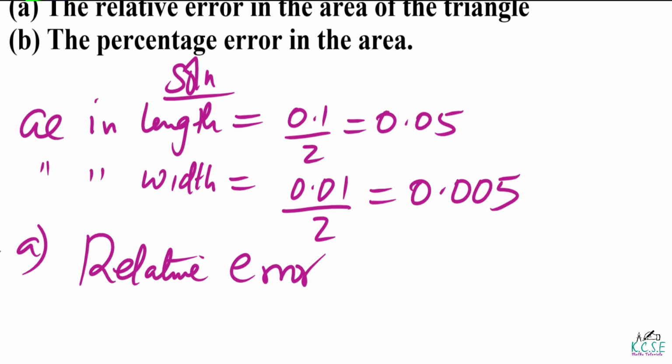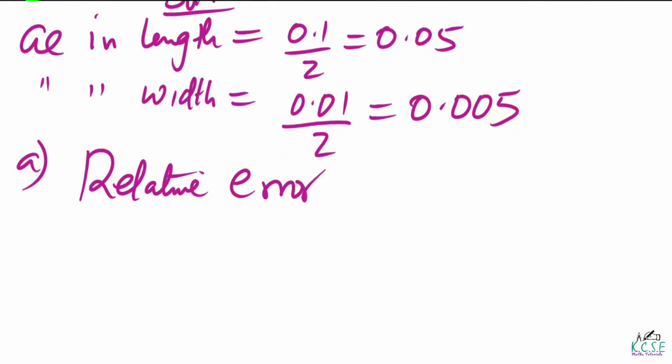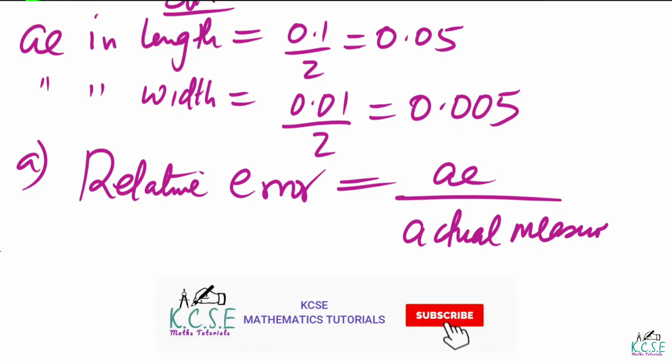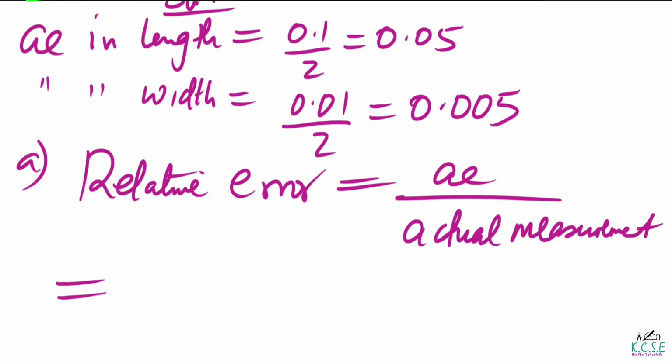For example, before we proceed, relative error is obtained by getting the absolute error over the actual measurement. So in this part, we're going to take the relative error in the length, which is 0.05 divided by 8.3.